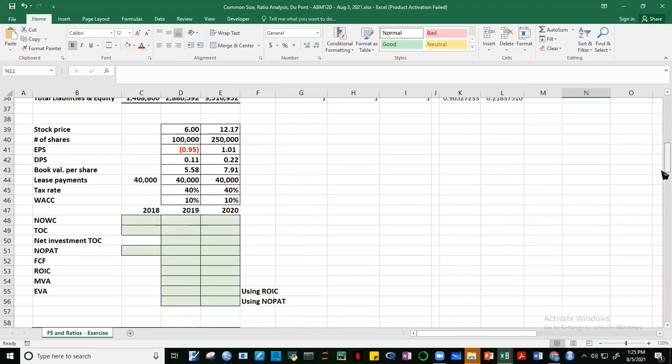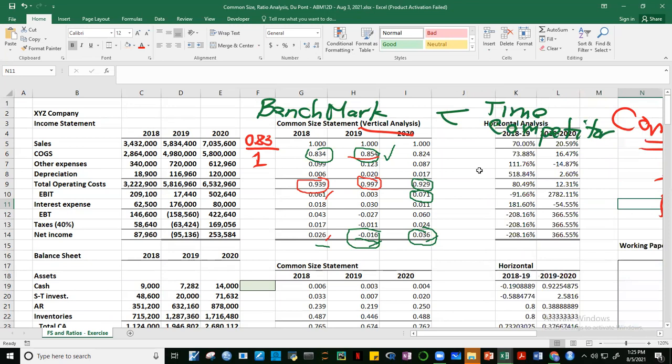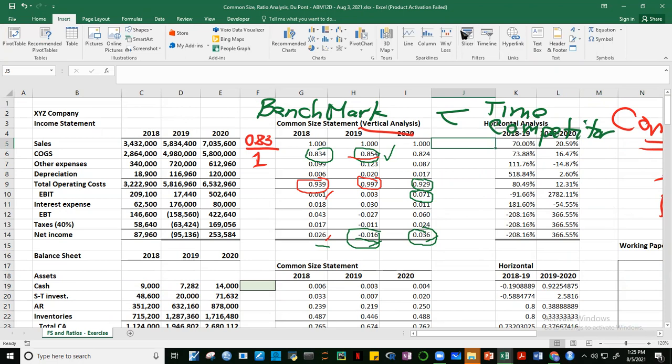Ba't nawala dito yung ano? Okay, di ba guys, gumawa tayo ng ano? Nag-spark lines ba tayo? Guys, paki-chat nga kasi ba't wala dito?